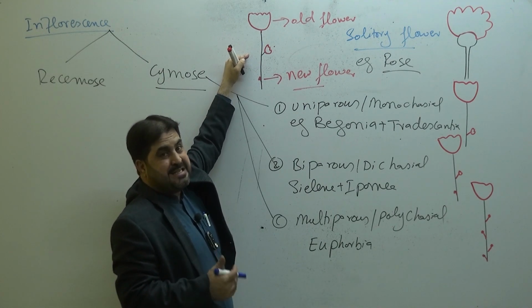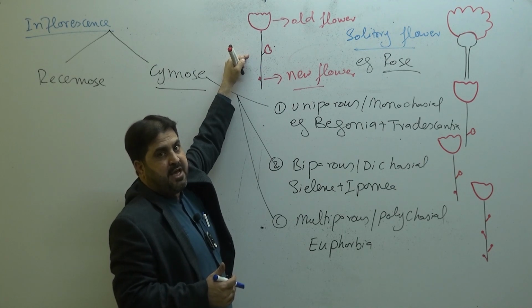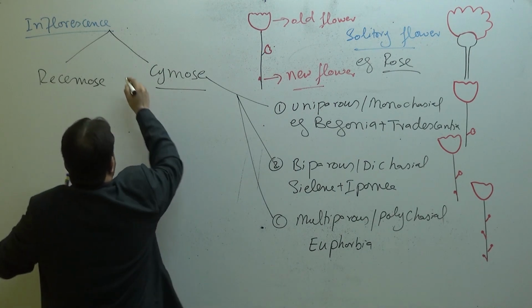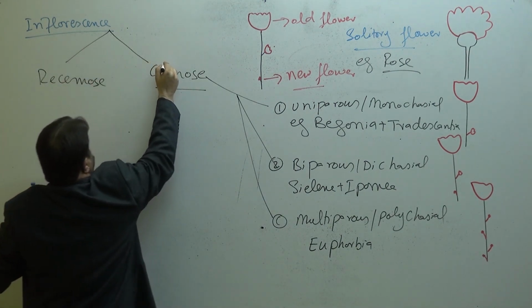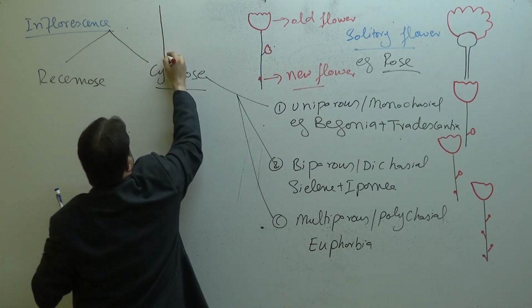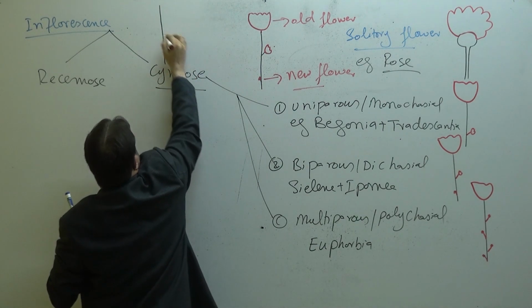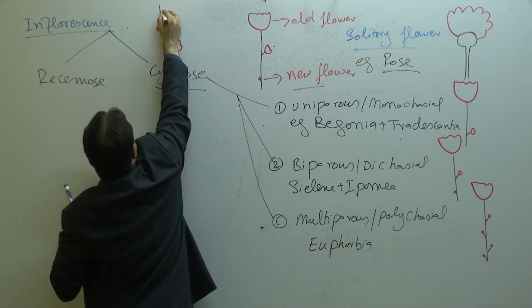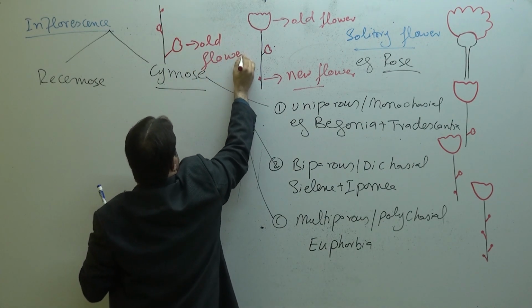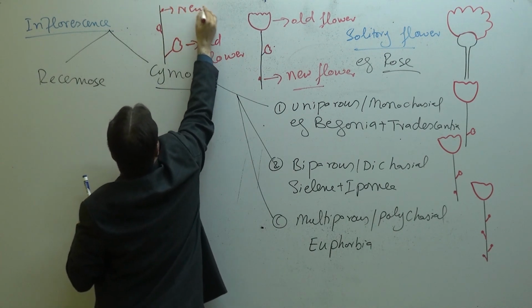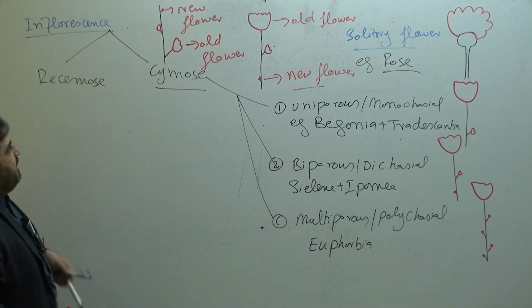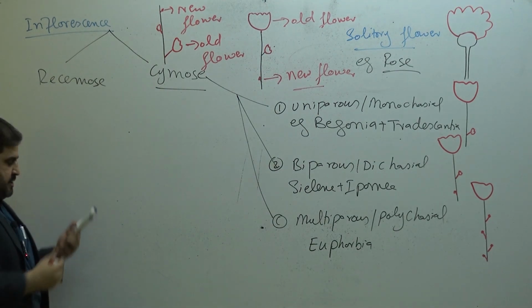While in the case of racemose, the main stalk continues to grow and produce flowers. So the old flowers will be at the base, while the new flowers will be at the tips or apex, which is opposite to the cymose.